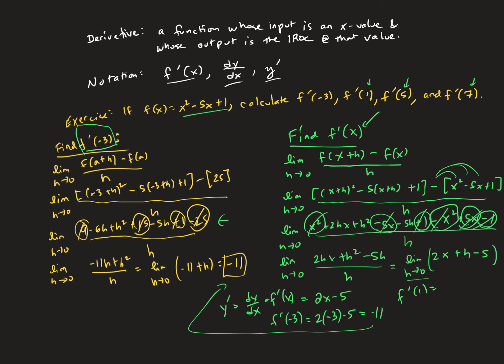That would be 2 times 1 minus 5. It's just negative 3. I could do that with f prime of 5. That's 2 times 5 minus 5. And f prime of 7 would be 14 minus 5. So when you find the derivative, you're basically going through the same process you did when you found the IROC at a particular point, but you're doing it generically, and that gives you a formula with which you can find the slopes of tangent lines anywhere on the graph.